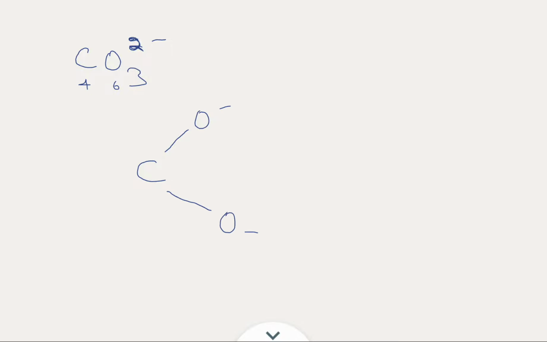O minus means that they have gained 1 electron from a cation. So this is the electron that they have gained from a metal cation, and one electron they have shared with carbon.